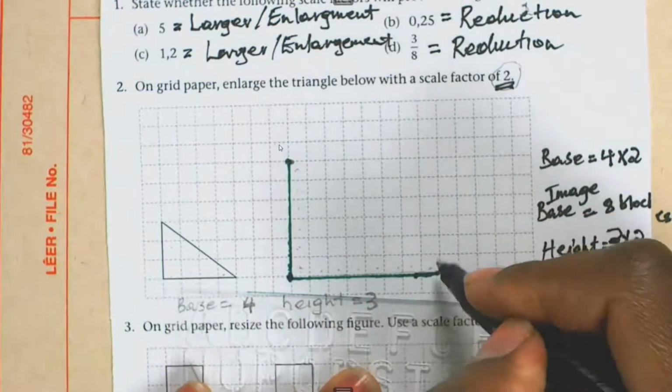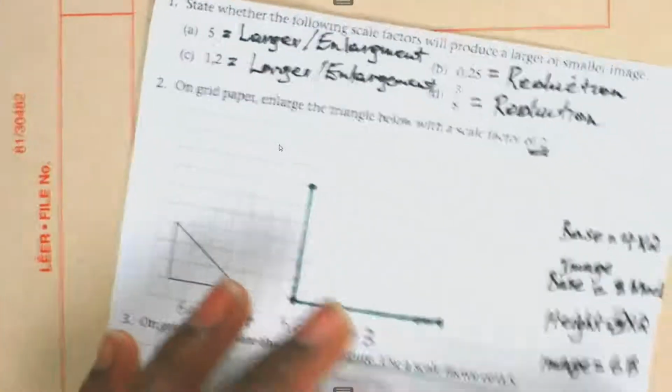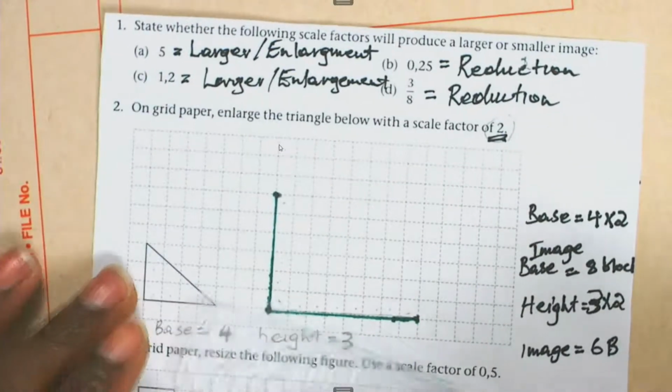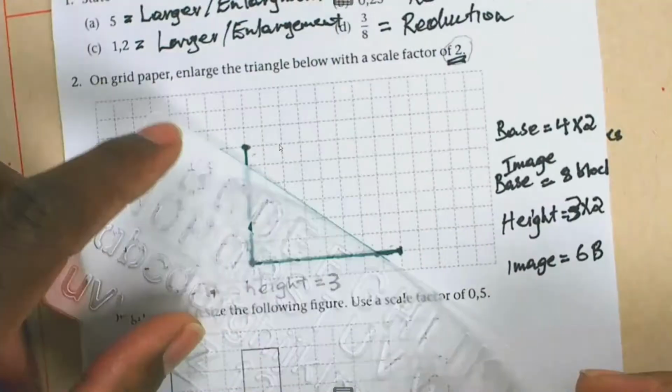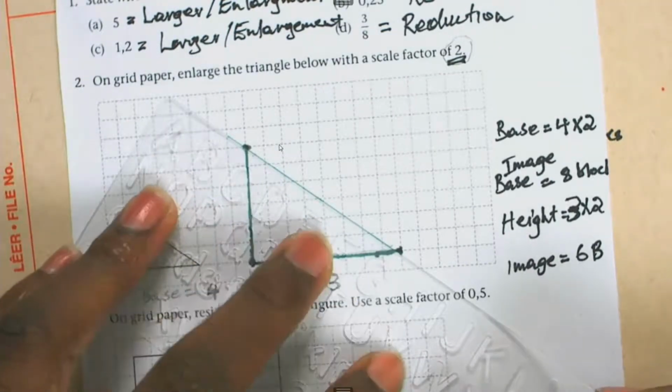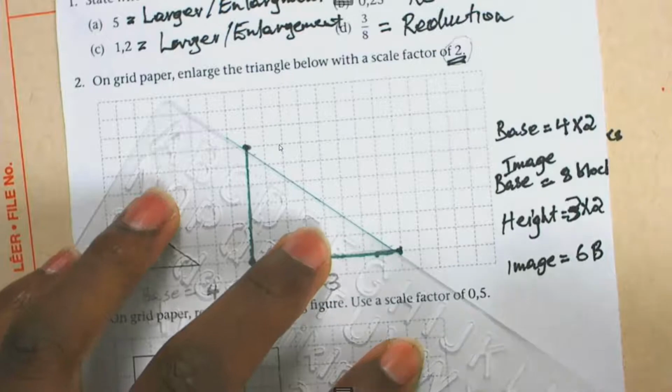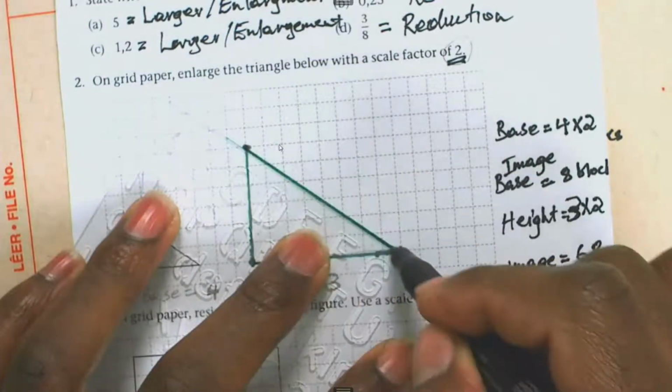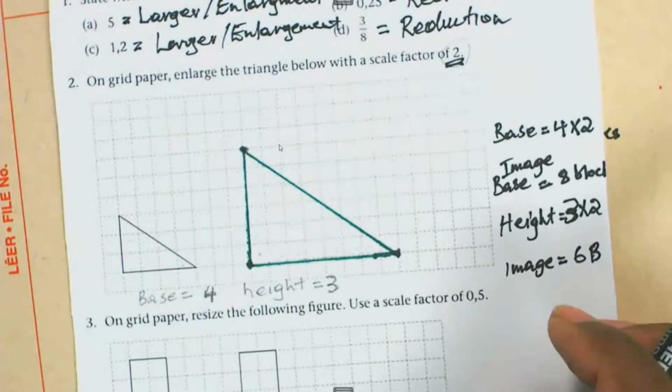Like I said, guys, when I was giving you a tip with a triangle, I'm not focusing on that last side. But I know that it's going to be easier for me because I'm just going to join my points to form a triangle. So, there we are.